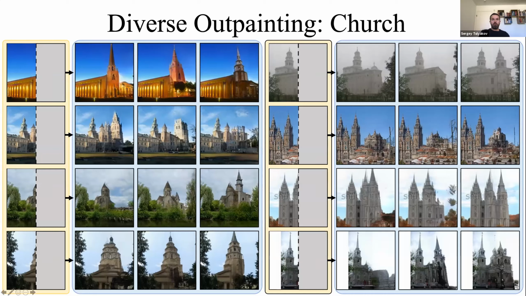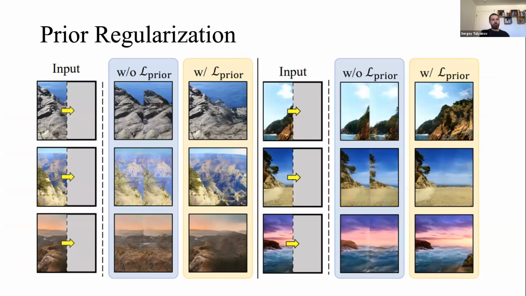And I also would like to show here the importance of prior regularization. If you remember, we have a reconstruction loss to perform the inversion. But if we focus only on the reconstruction loss, the optimization overfits to the reconstruction task, and basically the outpainted regions look like the original input image.